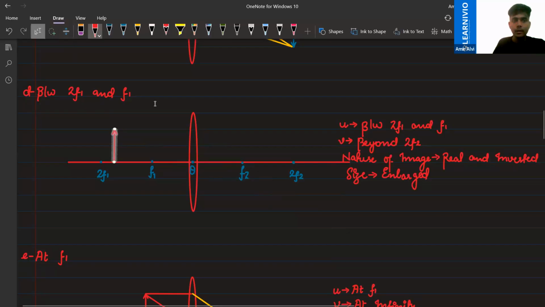So the first ray would be parallel to the principal axis. Okay. So the second ray.